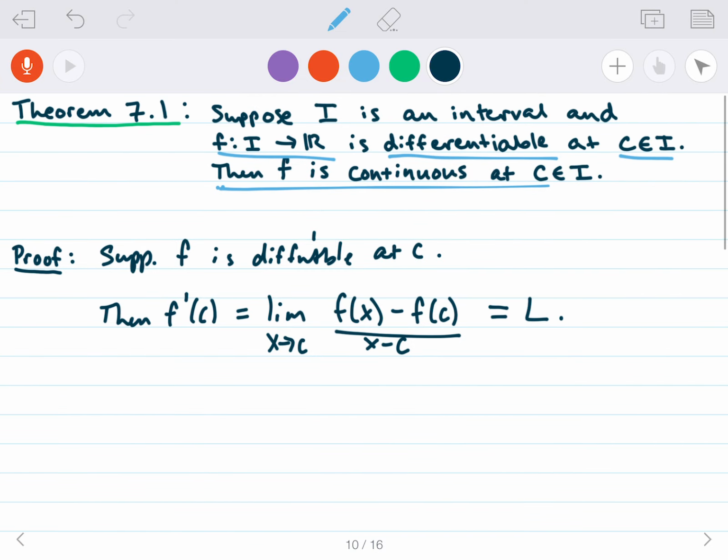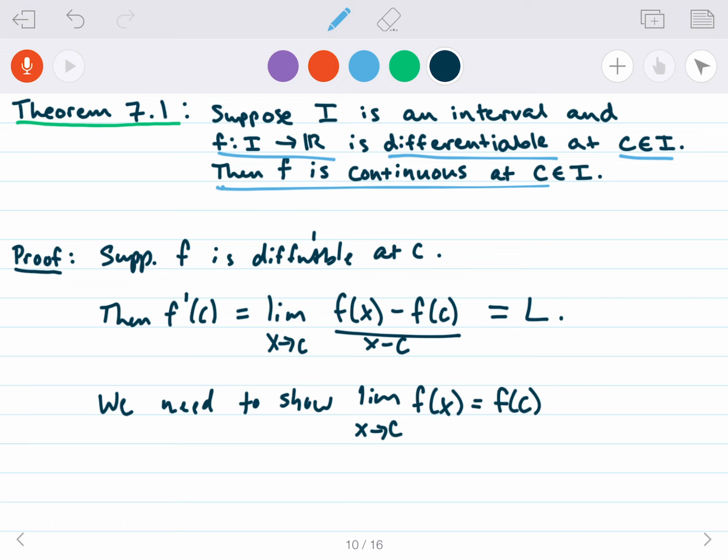Okay, so what are we trying to show? We're trying to show that f is continuous at c, and so remember those criteria for continuity that we looked at a few lectures ago. There were 5 of them, and the very last one said that if we want to show that f is continuous at c, we need to show that the limit as x approaches c of f of x equals f of c.